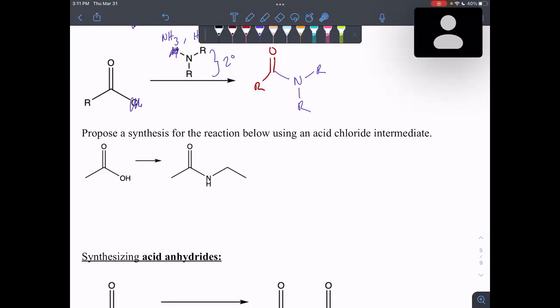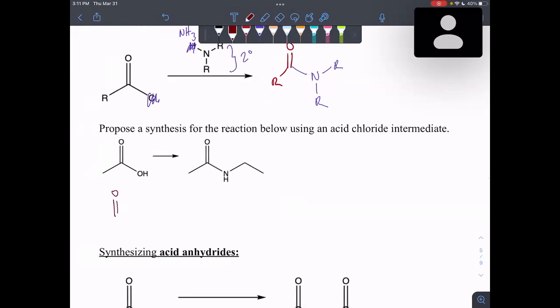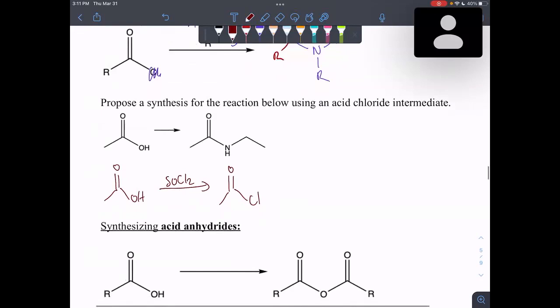You put a chlorine on it first? Yeah, that would certainly make your life easier. So we'd use SOCl2 to do that, and now you have an acid halide. Now can we go from the acid halide to that specific amide?